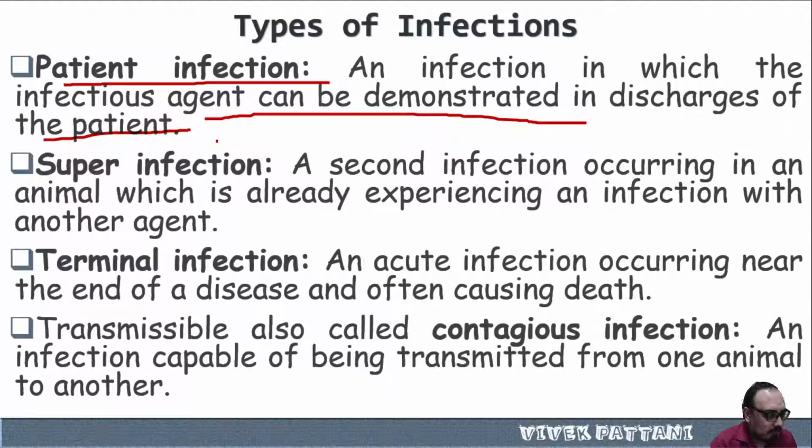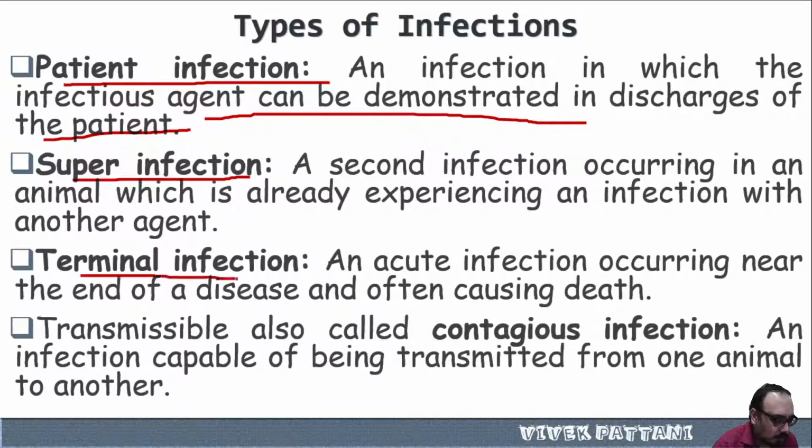Now next comes the word superinfection: a second infection occurring in an animal which is already experiencing an infection with another agent, similar to a secondary infection.